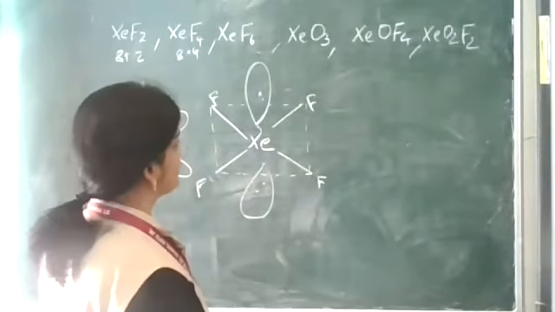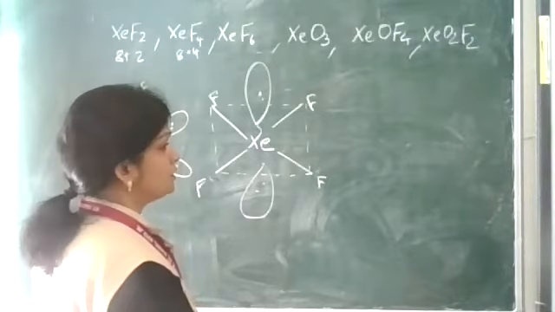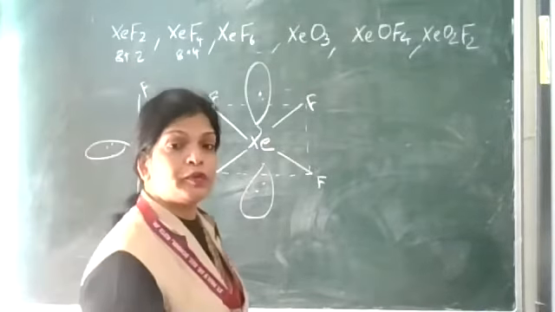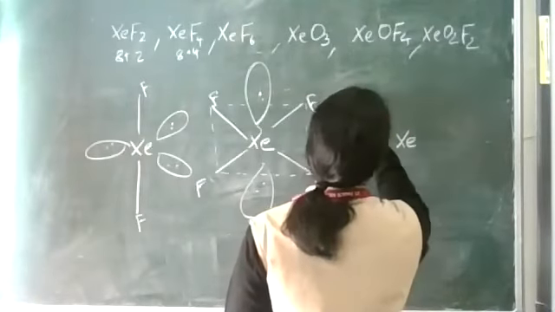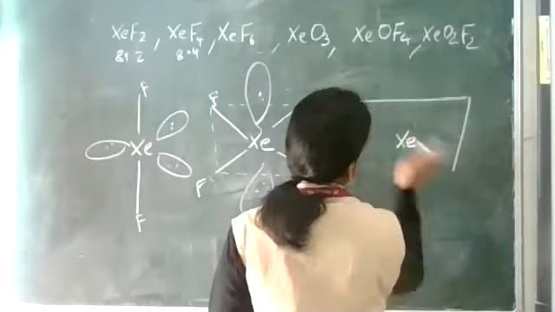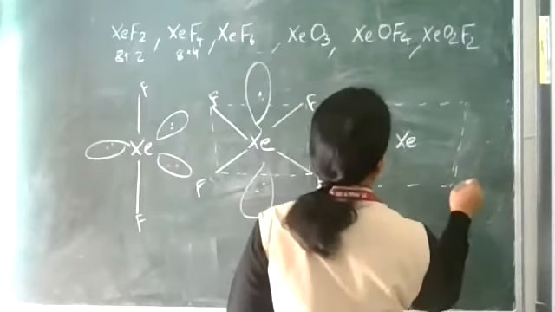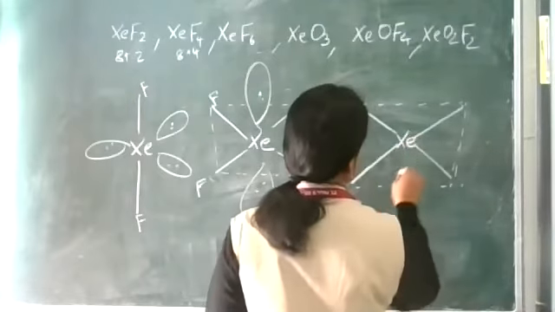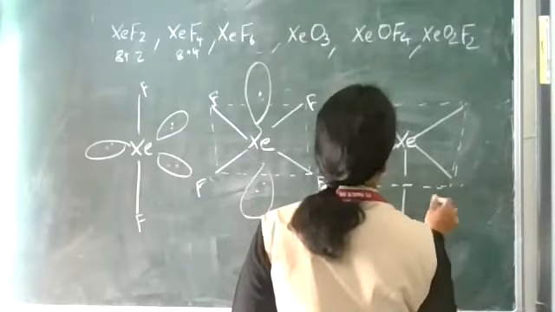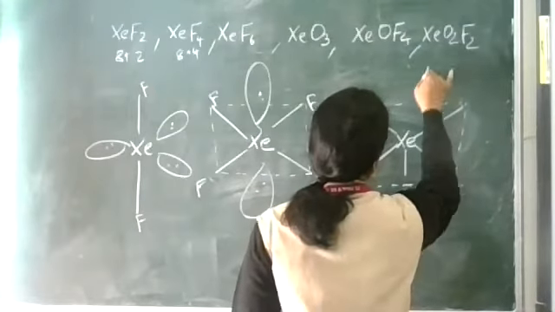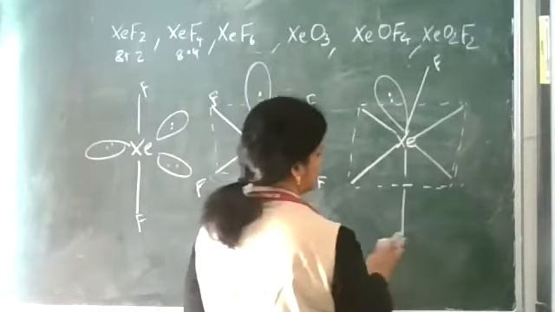Now XeF6: 8 plus 6, 14, so 7 pairs. For octahedral 6 pairs, so 1 lone pair will be residing on Xe. It is distorted octahedral. That means the bonds will be a little distorted, and this lone pair will be roaming all around.